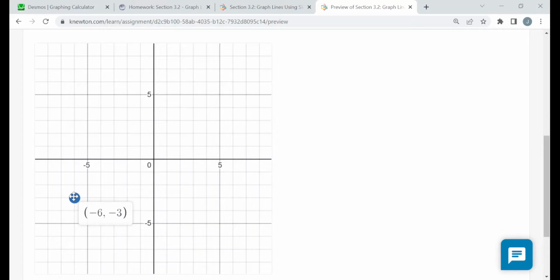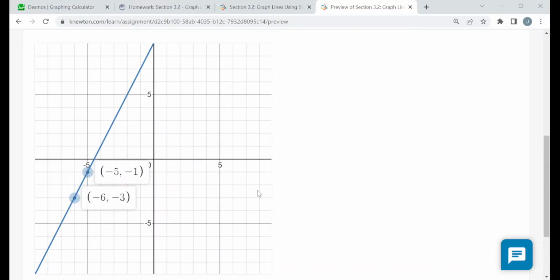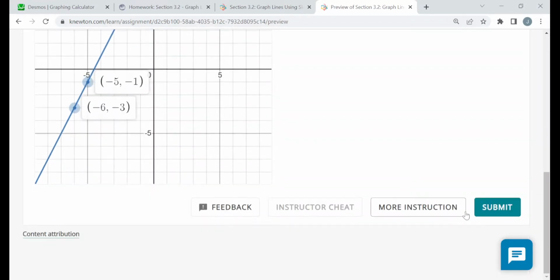And then from here, we go rise positive 2, so up 2 units, and then run positive 1, so to the right 1 unit. That lands me at the point negative 5, negative 1. And they have the line drawn through those 2 points here. So here's the line going through the point negative 6, negative 3 that has a slope of positive 2.